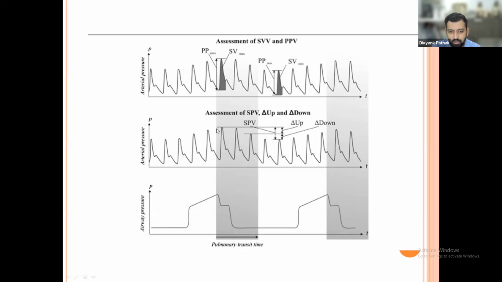And for systolic pressure, we draw a line from the upmost and the downmost and the baseline. Now you get the upstroke and the downstroke, and we divide and you get a number. So this is the assessment of systolic pressure variation, stroke volume variation and the pulse pressure variation.